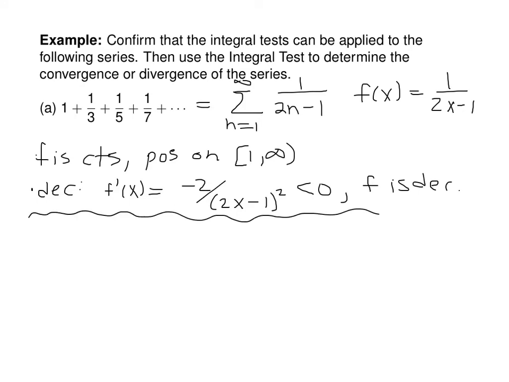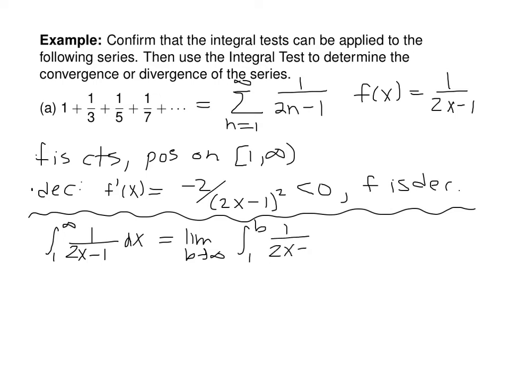So let's apply the integral test. We'll find the integral from 1 to infinity of 1 over 2x minus 1 dx. That's the same as the limit as b goes to infinity of the integral from 1 to b of 1 over 2x minus 1 dx. The antiderivative of 1 over 2x minus 1 is ln absolute value of 2x minus 1, with a coefficient of 1/2.